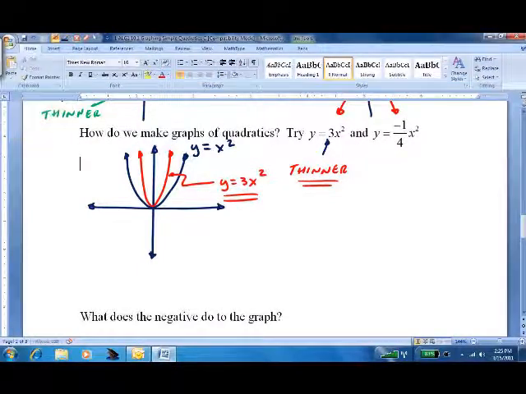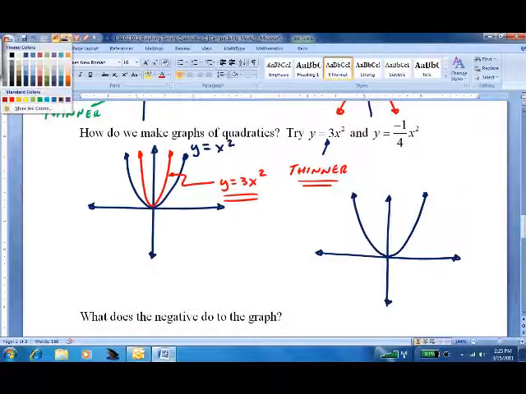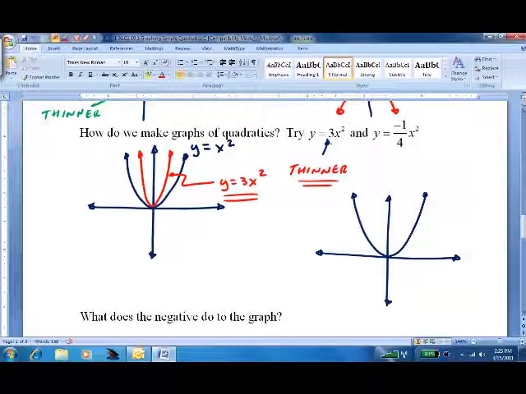If we're graphing y equals negative 1/4 x squared, and again, we have to put the parent function in. Well, let's ignore the negative for just a second. If the 3 made it thinner, I'm going to guess that the 1/4 makes it fatter.